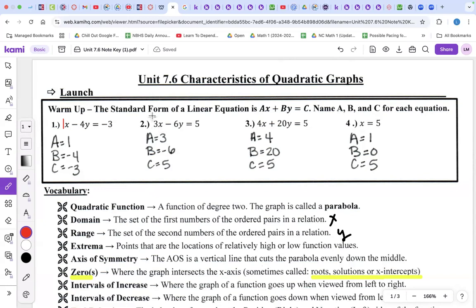Here a is 3, b is -6, and c is 5. On this one, you can see that a is 4, b is 20, and c is 5. And of course here, a is 1. There is no b because we don't see by, so therefore that's 0. And our c is 5. All right, that was just a quick review.